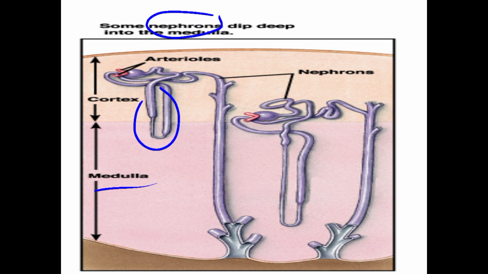Those types of nephrons we call cortical nephrons, because they are present only till the cortex.